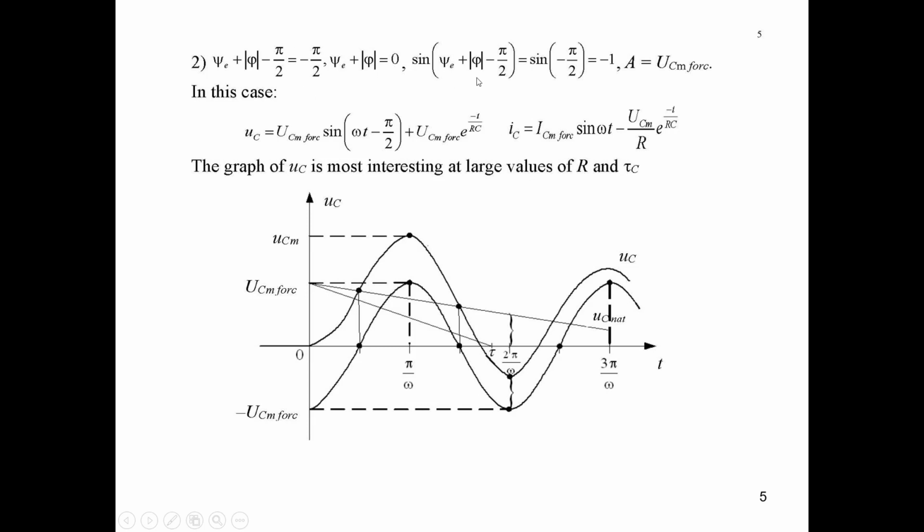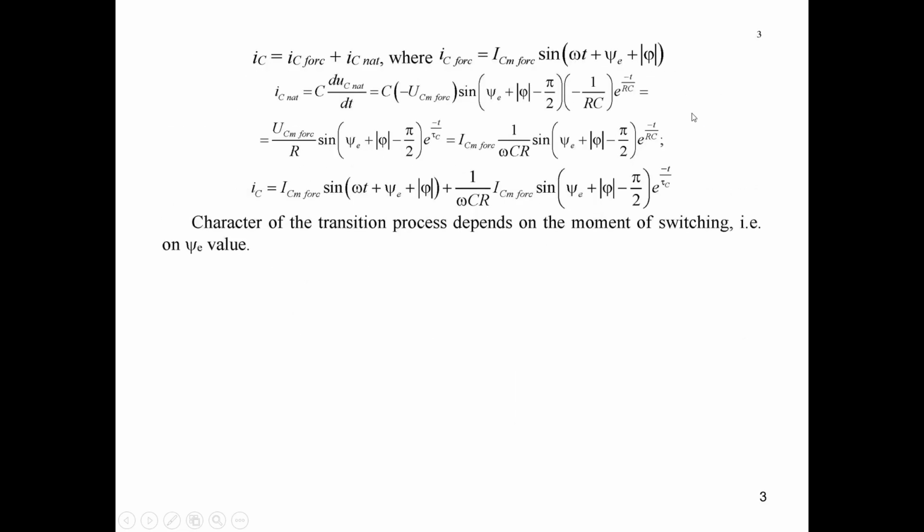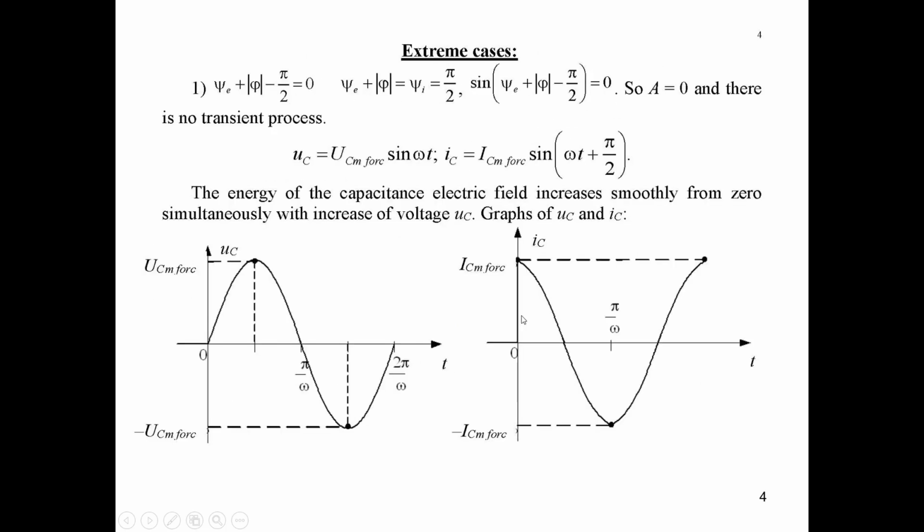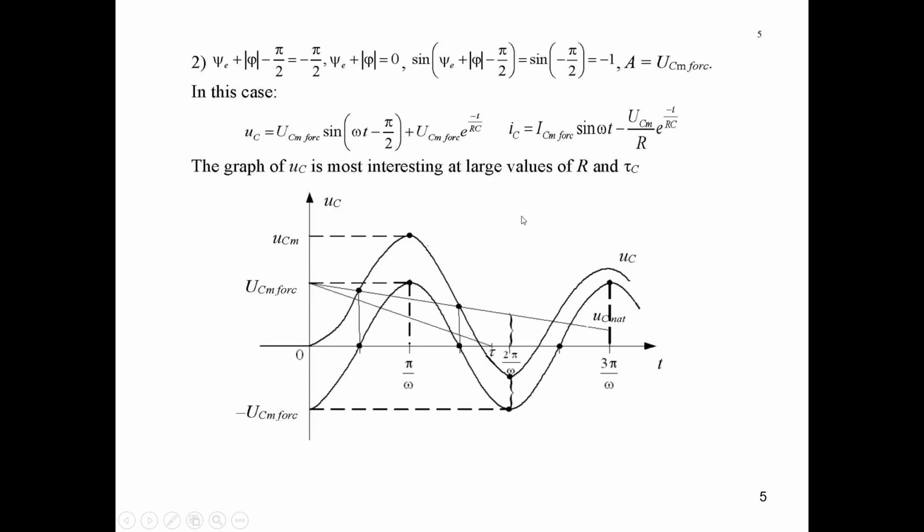Okay, so under the sign of sine we will have 0, so sine of minus 90 degrees equal to -1, and A equal to uC forced, because A equal to uC maximum forced, and as this coefficient equal to -1, A will be equal to plus uC maximum forced, like here.